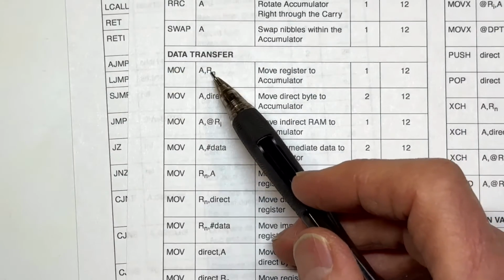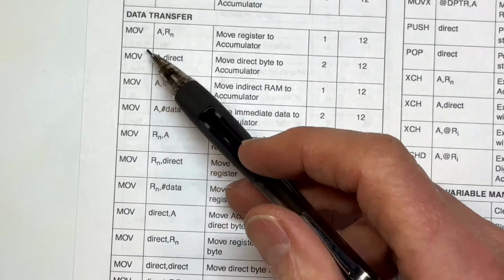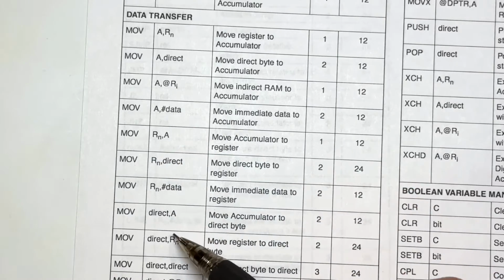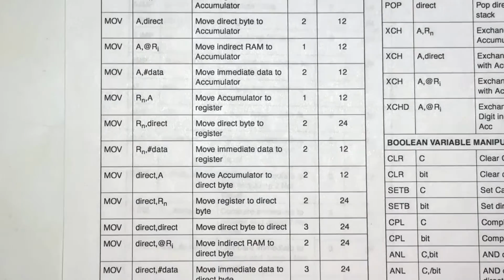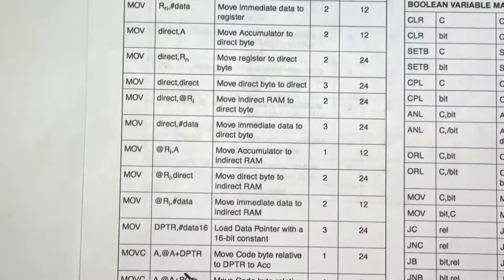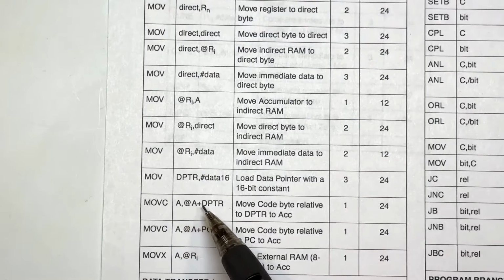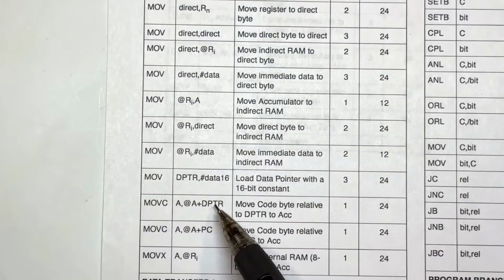Then we have the data transfer instructions, and we have a number of different move instructions, lots of different combinations. And if you want, you can plow through all of these. We can move data from the flash memory. So here we're moving, C stands for a code byte, and we're using either the DPTR register to access the particular byte in the flash memory.